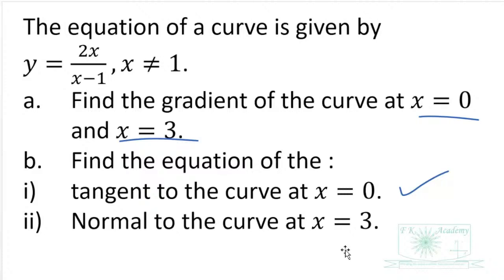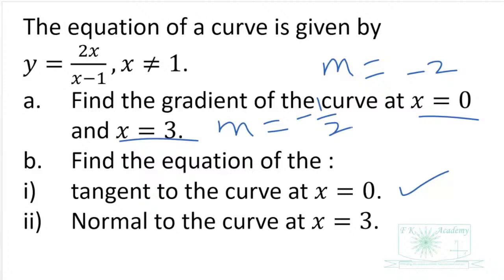So let's wrap up. Over here at x equal 2, we found a gradient to be equal to negative 2. Then at x equal 3, we found a gradient to be equal to negative 1 over 2.